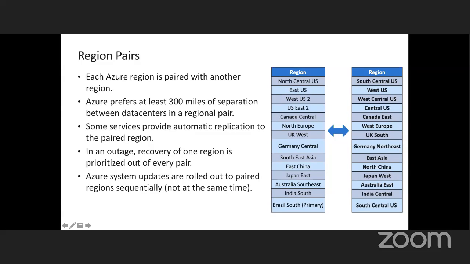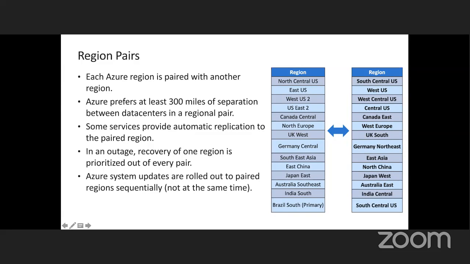But this is Central US and this is US 2. This is East 2, and this is Central US, Canada Central, Canada East, North Europe, West Europe. Different cardinal points. So the intention behind this is for disaster recovery. Okay, so you can have a pair, and when North is down, then you can use South.